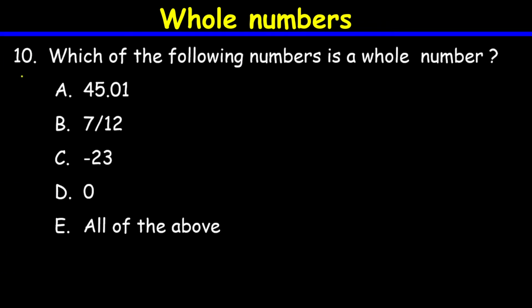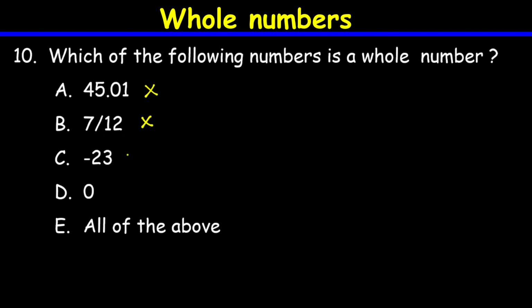Question number 10. Which of the following numbers is a whole number? 45.01 is not whole number because 45.01 is decimal and whole numbers do not include decimals. 7 over 12 is not whole number because 7 over 12 is fraction and whole numbers do not include fractions.